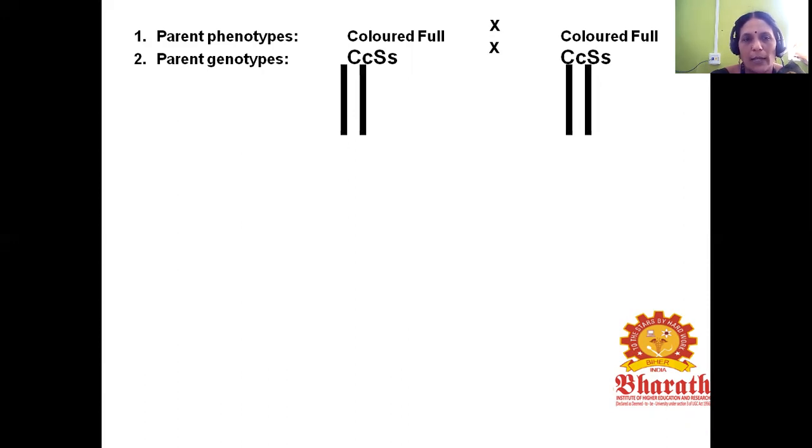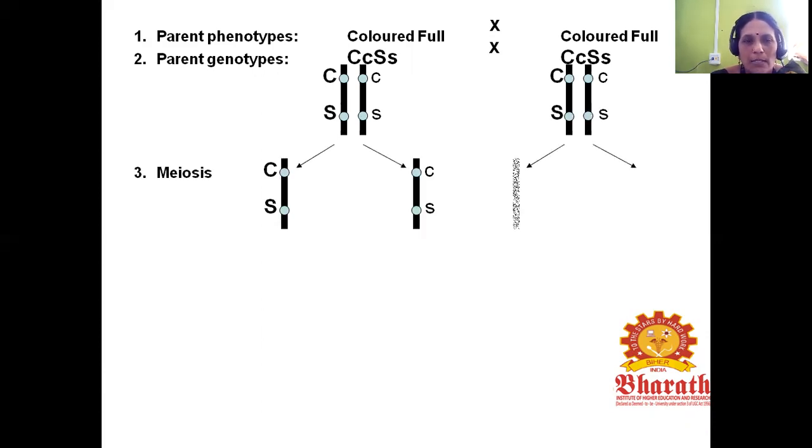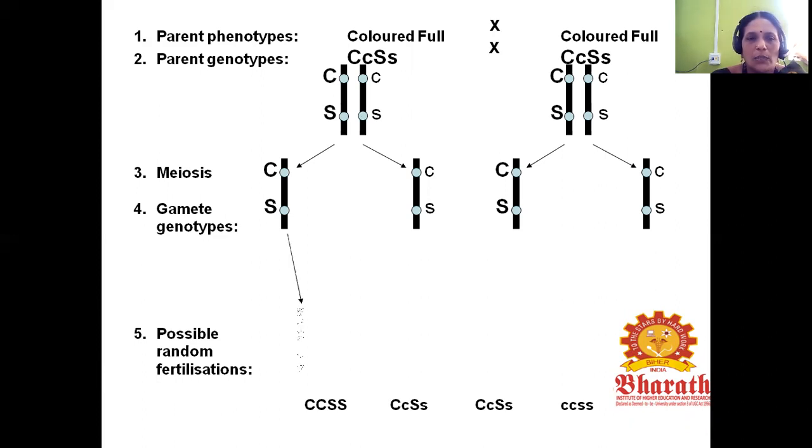Then the parental phenotype is colored full and colored full. The parent genotype is capital C, capital S, small s, capital C, capital S, small s. So after meiosis, you get the gamete genotypes capital C, small s, and small c, small s. Then capital C, capital S, small c, small s.